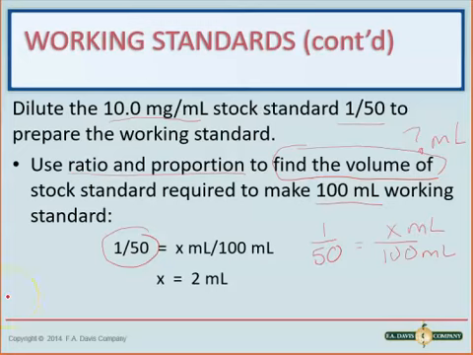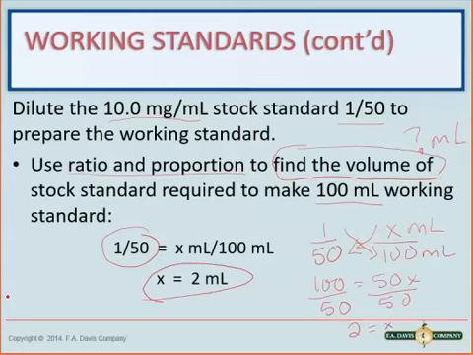So at this point we can do our cross multiplication. So 100 times 1 is 100, and then 50 times x would be 50x, and then we divide both sides by 50 to get x by itself. So 100 divided by 50 would be 2, so x equals 2, and that's the answer that we've got here on this slide.